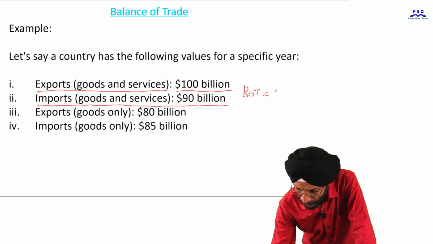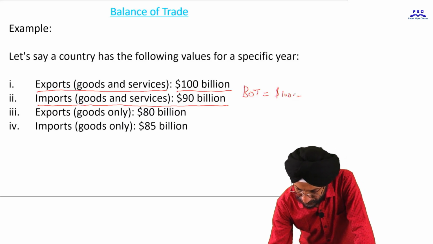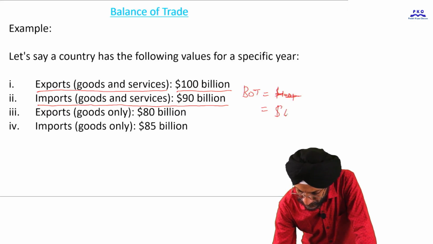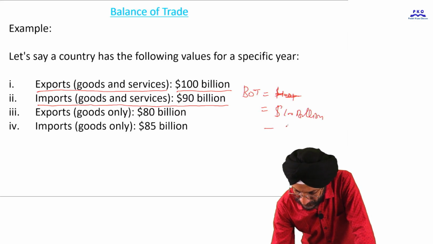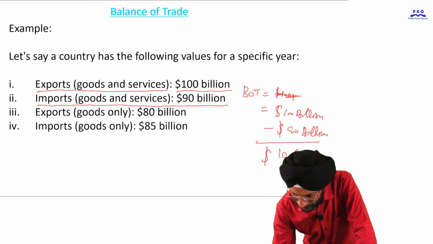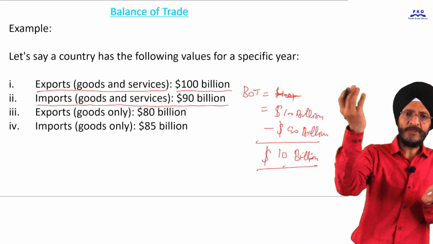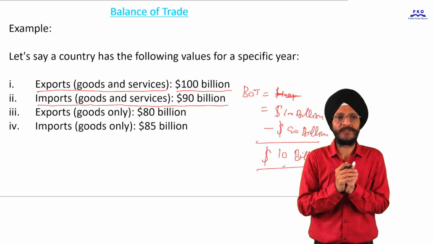Balance of trade is exports, which is here 100 billion, minus $90 billion. So what is the balance? $10 billion. So balance of trade is $10 billion. Here it is surplus because exports are more than imports.